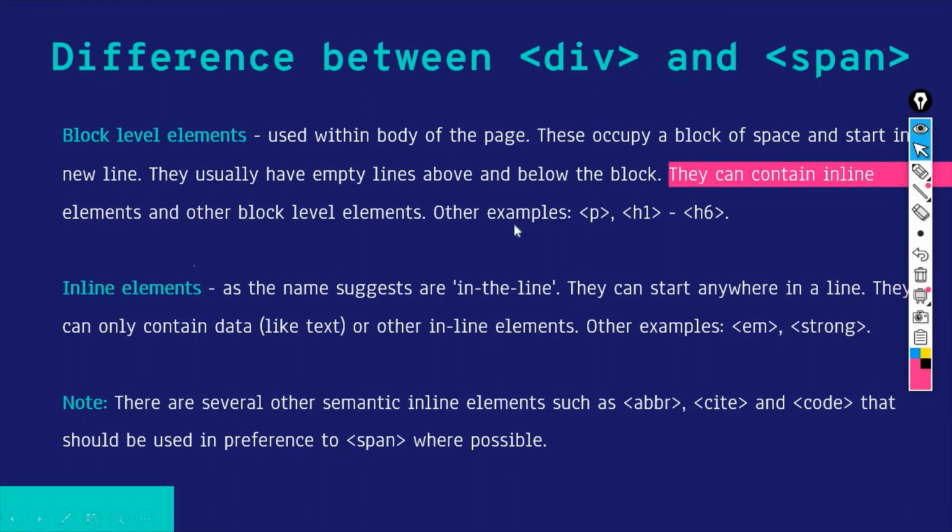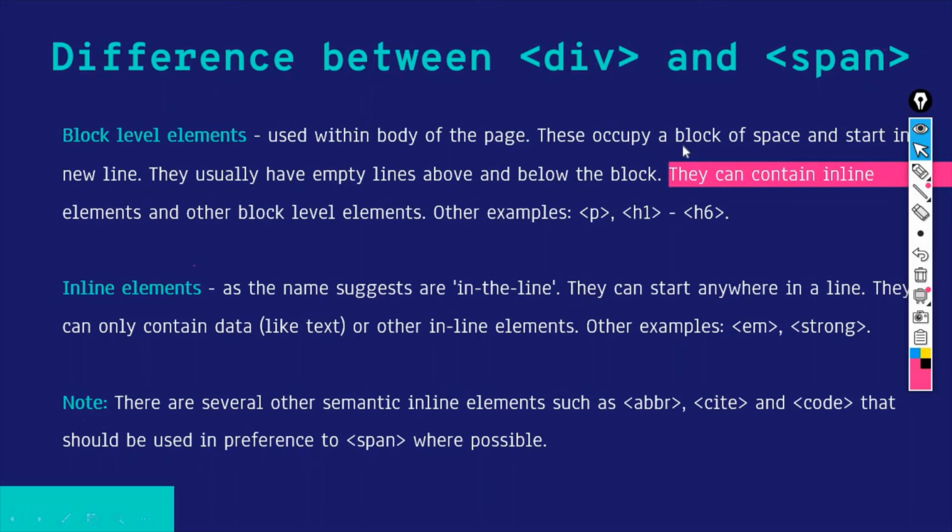So what is the difference between div and span? They are both considered generic elements that don't have any meaning, but div is a block level element, while span is an inline element. When we say block level elements, they are used within the body of the page.